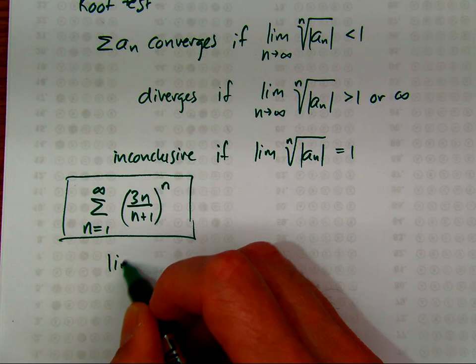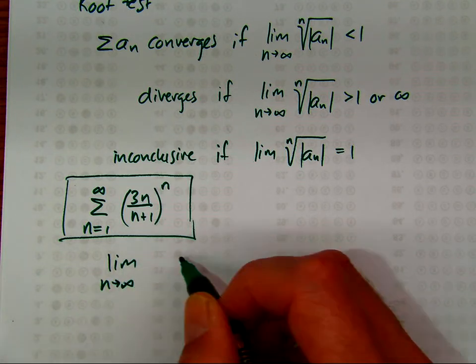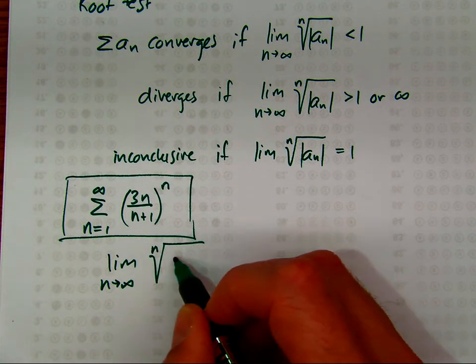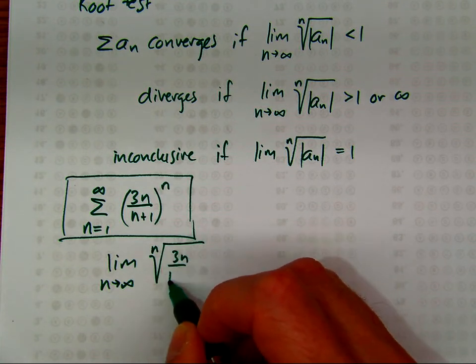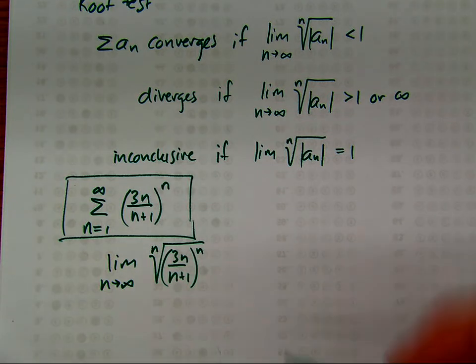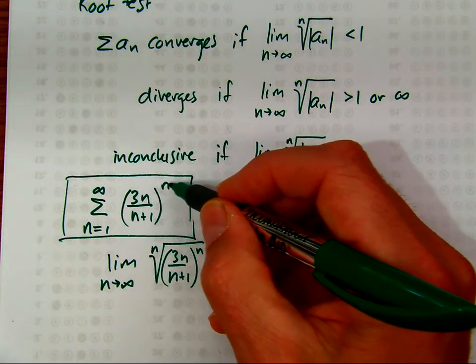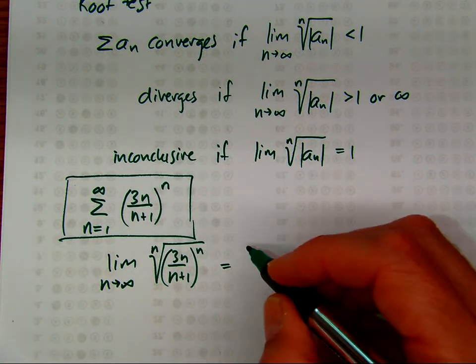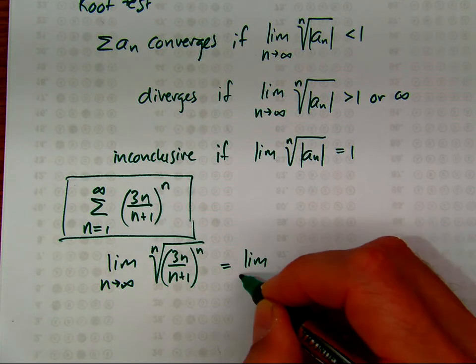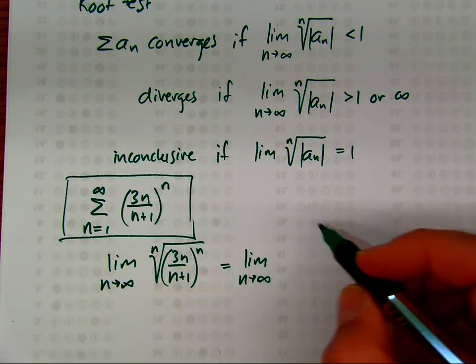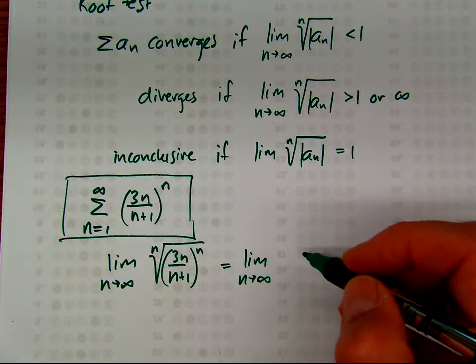the limit as n goes to infinity of the nth root. So when we use this on something to the nth power, it's just going to cancel the nth power. And we have all positive numbers here, so we don't have to worry about the absolute value.